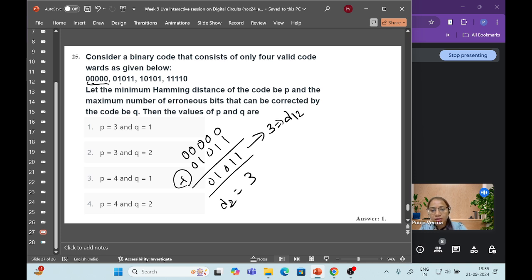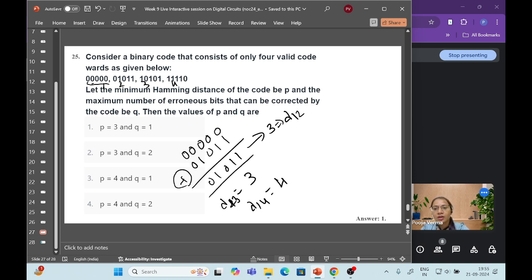Here it is D1, D3, and between D1 and D4. I am representing the minimum Hamming distance. So between D1 and 2, it is 3. Between 1 and 3, it is 3. Between 1 and 4, it is 4, so it is not the minimum.